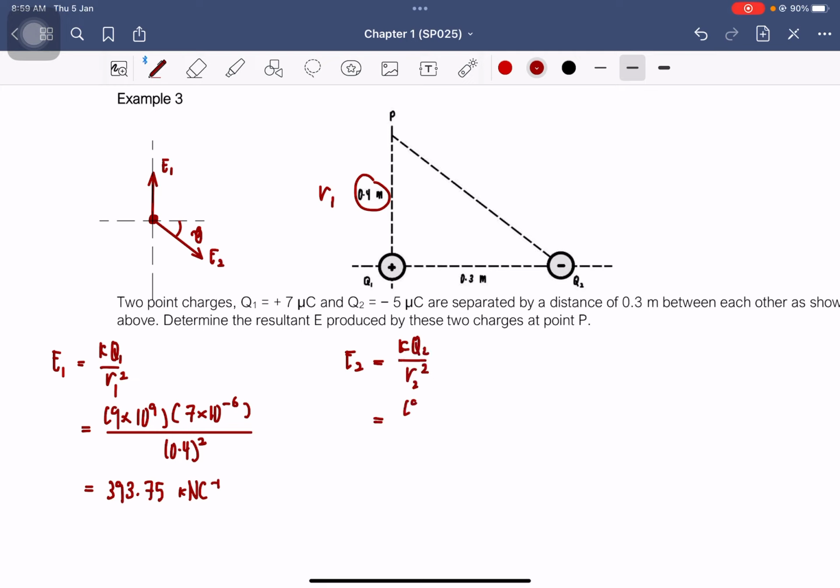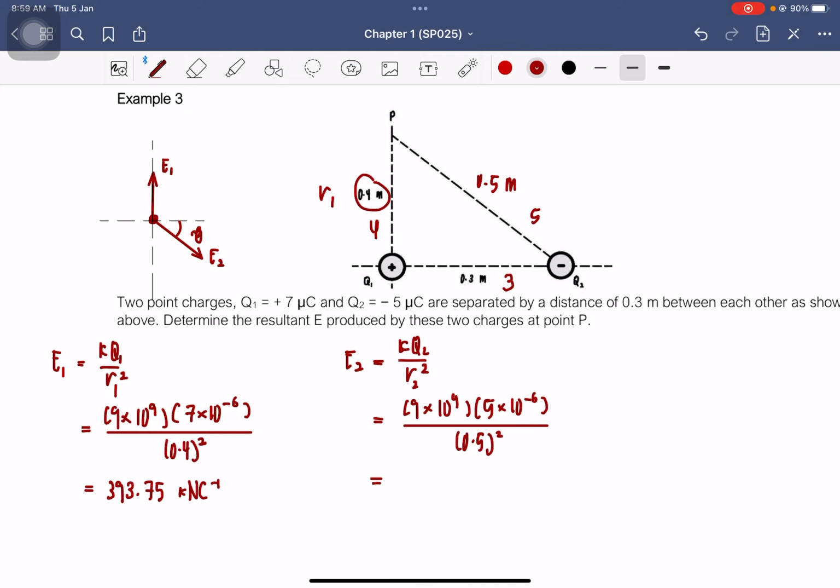And then solve for charge 2. This is 9, 5, 6. This is 0.3 square. No, that's not 0.3. This is 0.5 square, because of trigonometry. So this should be just 0.5 meter, the 3, 4, 5 triple.